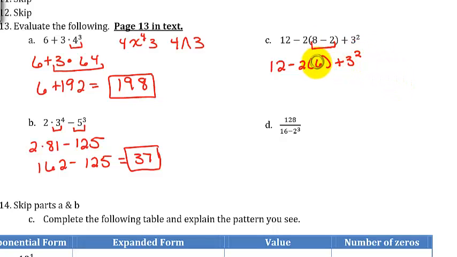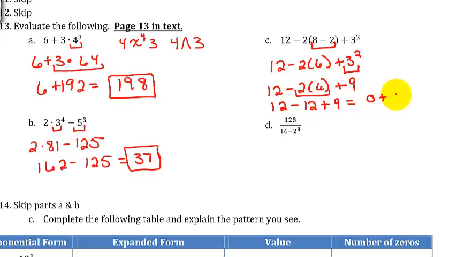Okay, so there's no operation left inside the parentheses, so now I'm going to do my exponents. 12 minus 2 times 6, and then plus 3 squared is 9. And now multiplication and division are next, so I'm going to do this multiplication. I get 12 minus 12 plus 9. And then 12 minus 12 is 0 plus 9, which gives me 9.